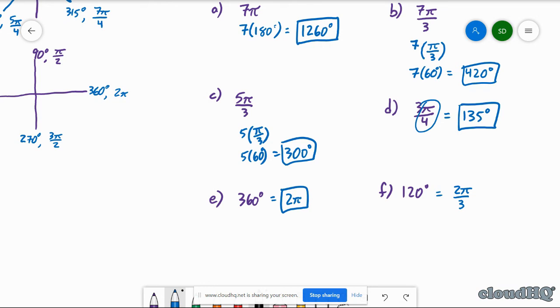So I would think of 120, it would be on the left side of a graph. So when I compare it to 180, it's 60 degrees shy of 180, so that's a third. It's a third shy of 1, 2/3. You can think of it that way.